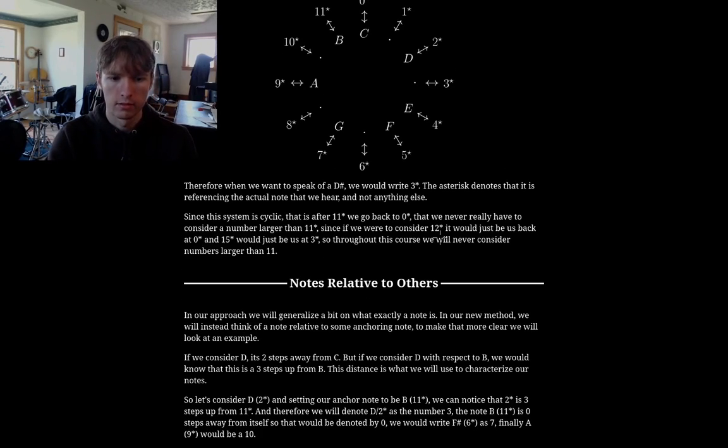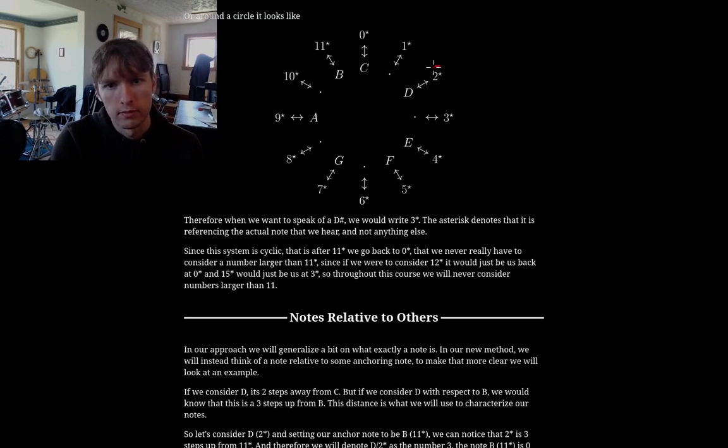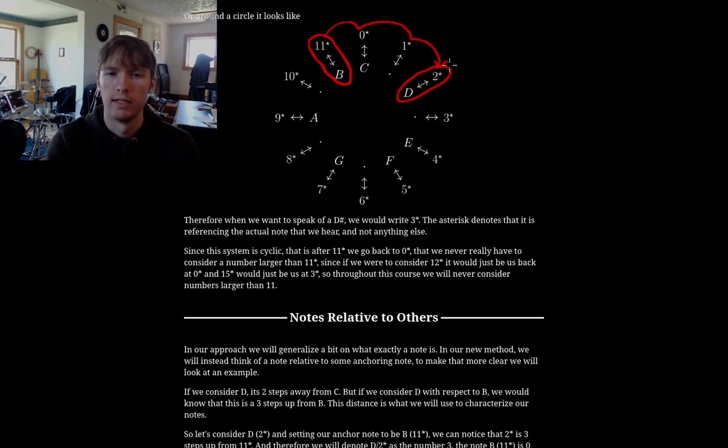Let's consider D, which is 2, right? So same thing again. We're going to set our anchor note to be 11, right? So that's B. And as we just did, the gap size is 3. So just over here, we'll write that out. Our anchor note was 11.